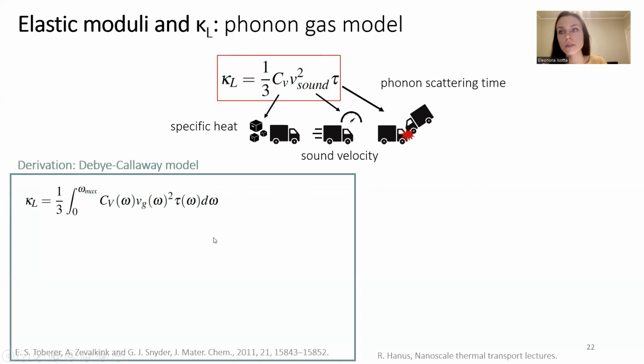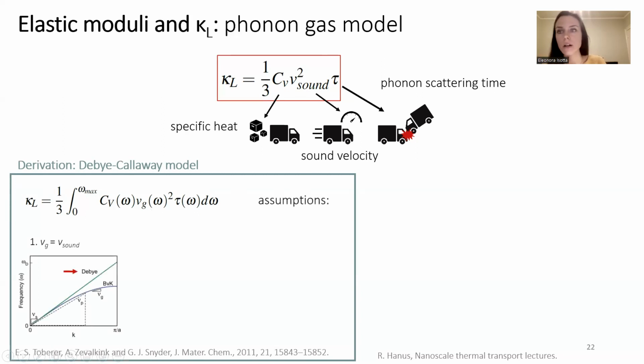In the Callaway model, typically 3 assumptions are introduced when this model is used, for example, for large material computation. Assumption number 1 is that the group velocity of all phonons is approximated to be equal to the speed of sound, so the low frequency phonon velocity.